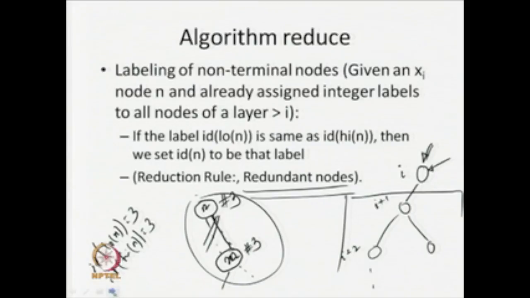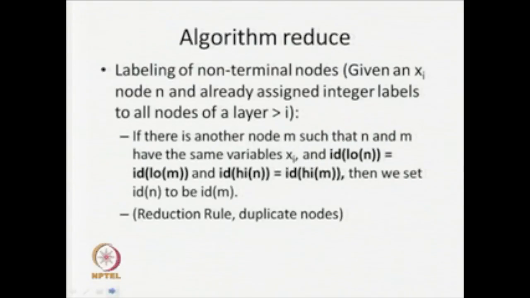Okay. Next, already I have said that if I am coming to an xi node, then all the nodes below that level are already marked. Now, suppose there is another node m such that m and n have the same variable xi. That means I have a node n and a node m, and both are labeled with the same variable, say xi. Now, what will happen in this case?